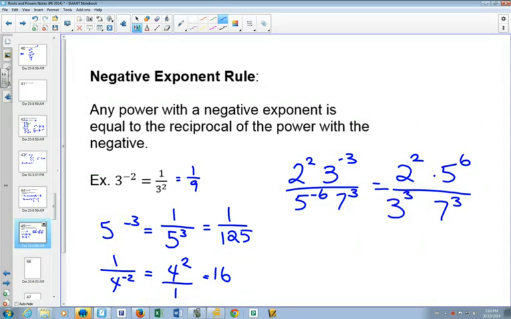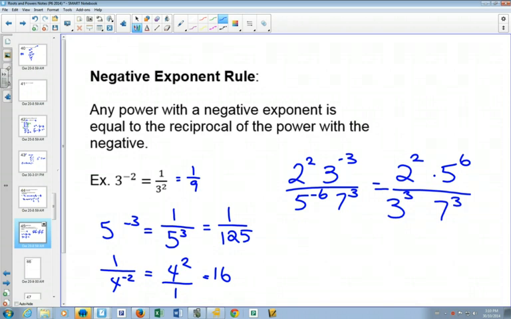So the main idea of the negative exponent is it just moves to the other part of the fraction and becomes a positive exponent. The positive numbers stay where they are, and you just switch the ones that have negative exponents.